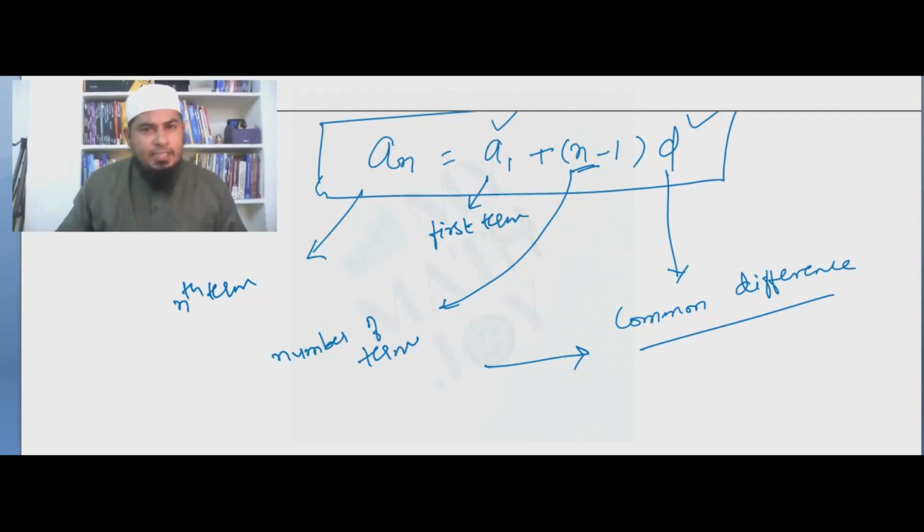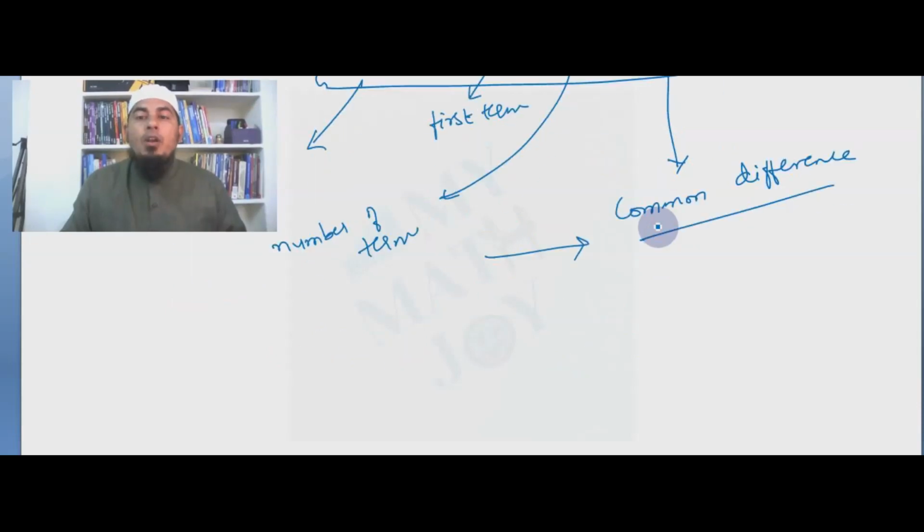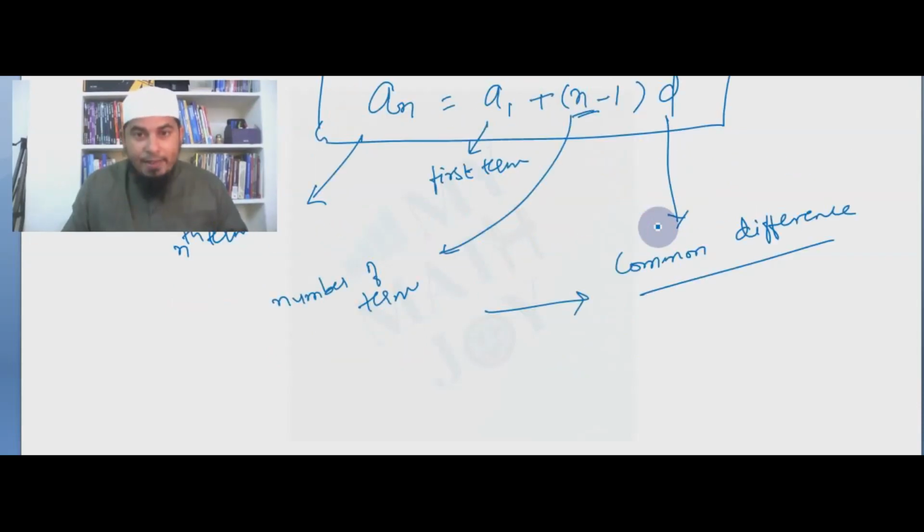Now we need to identify certain things. I want to tell you what type of equation we have in front of us. An is equal to a1 plus n minus 1 into d. What type of information is it? It is a linear equation, and it depends upon how many variables and how many given numbers there are.